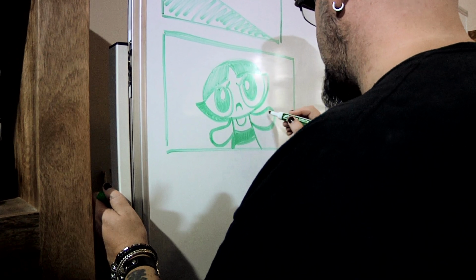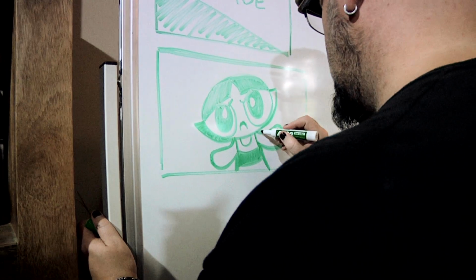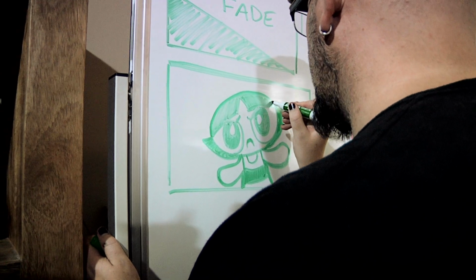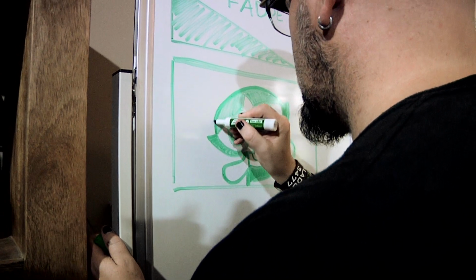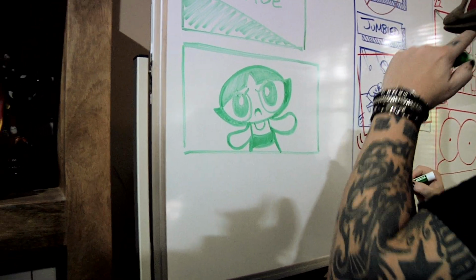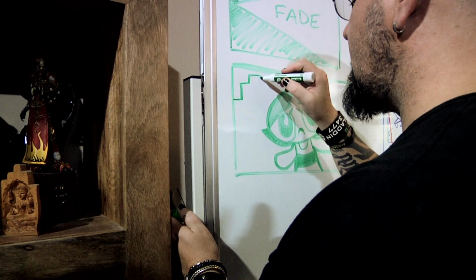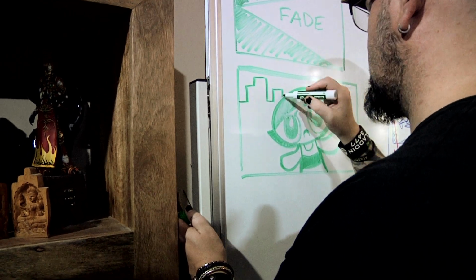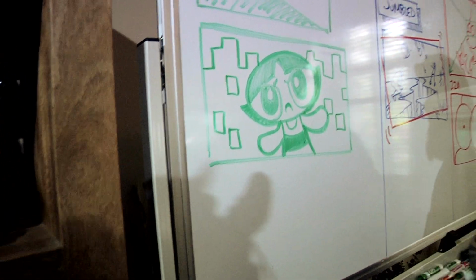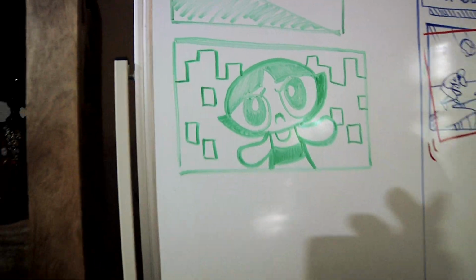They're actually not vector, at least the original series was before we had vector technology. But if you make all of your outer lines just a little bit thicker, that'll give the cute Powerpuff Girl look. And then let's say the city of Townsville. Okay, so we're fading into this first shot like so.